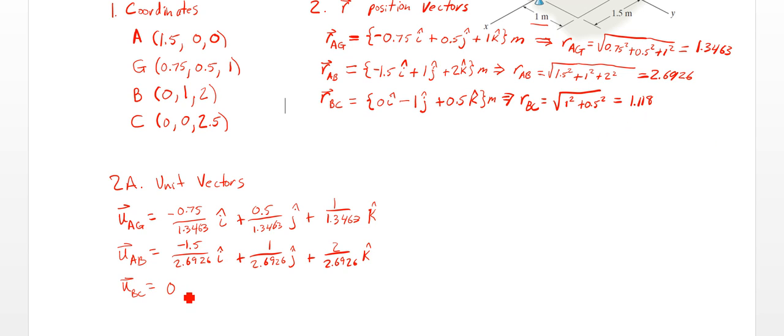So we have 0 I minus 1 over 1.118 J plus 0.5 over 1.118 K. Alright, there we got some of the heavy lifting done.